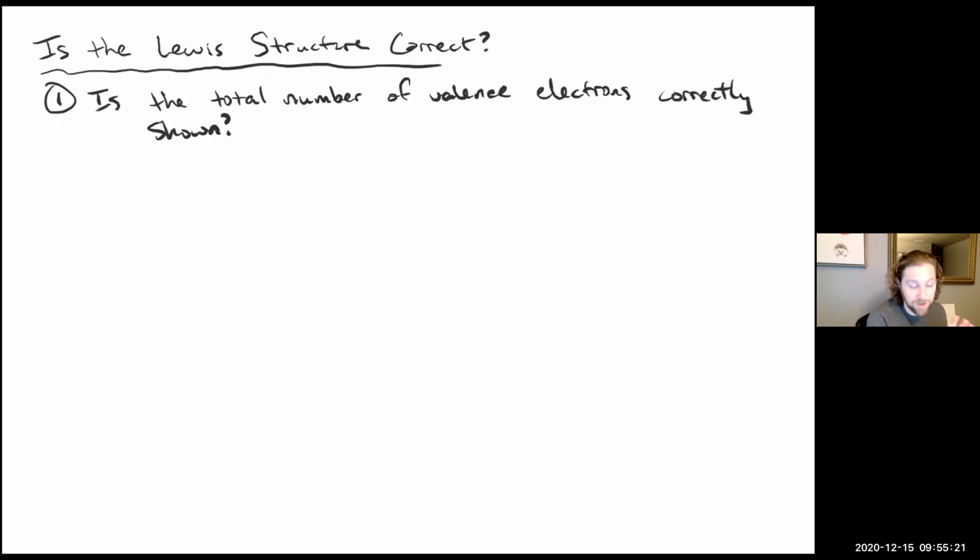Meaning we're going to have a way of counting valence electrons in a model, and we're going to check to see if the model is actually using the correct number of valence electrons.